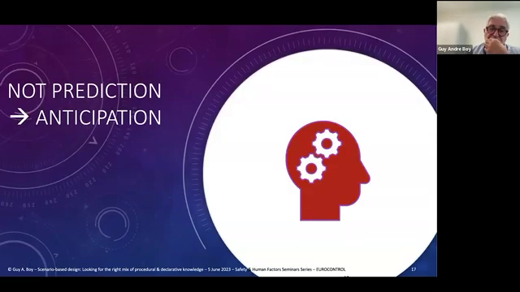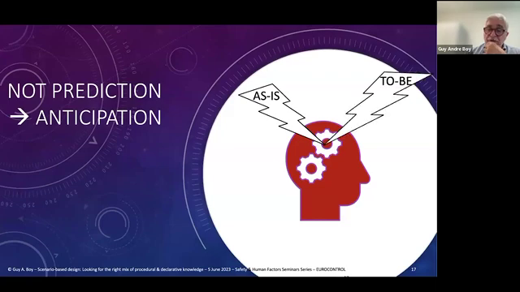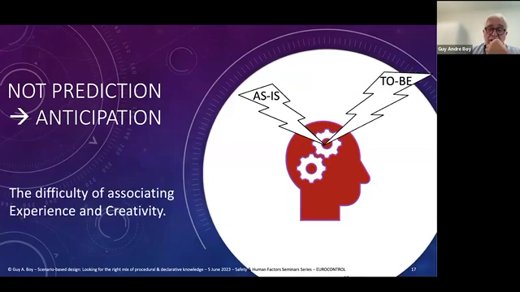So as I said before, we are not talking about predictions, but anticipation. We describe these as as-is scenarios and to-be scenarios. And here, the difficulty is to associate two things that are antagonistic. Experience is conservative: people who are very experienced know how to do things, so most of the time they don't want to change.